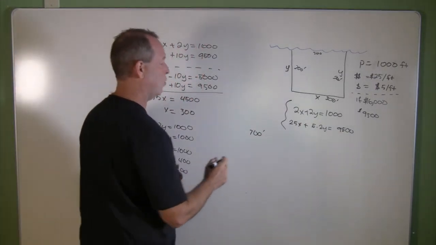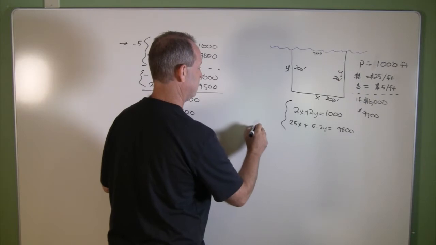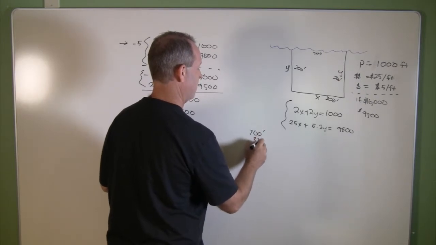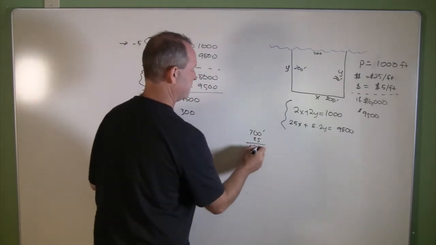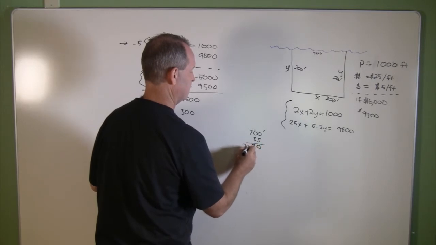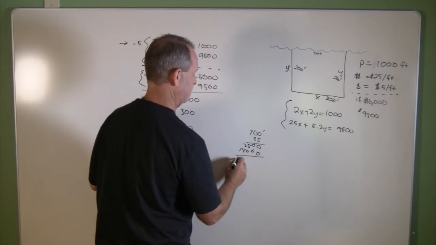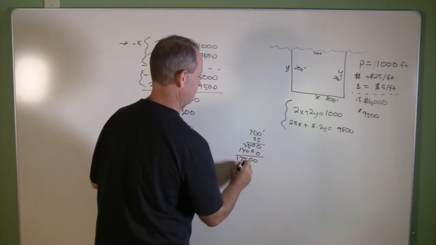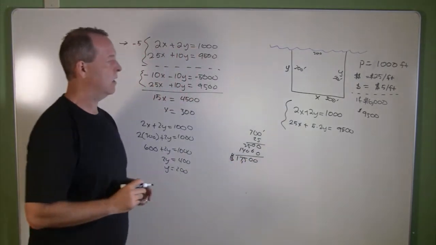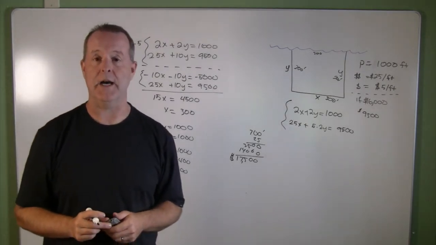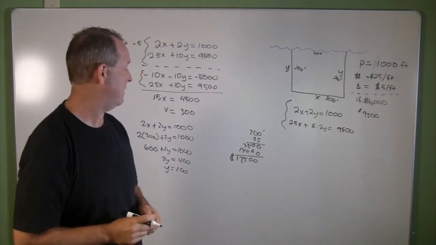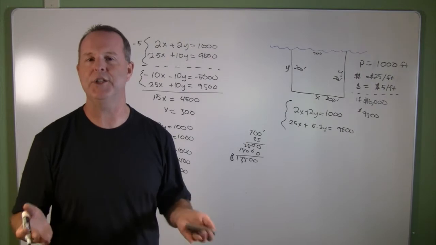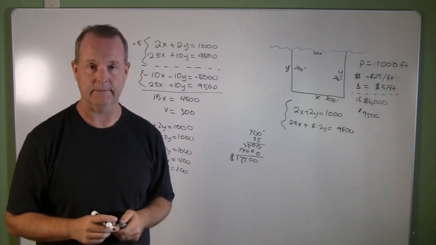Wants to multiply that by 25 dollars per foot. And it looks like in order to put the good stuff, it's going to cost him 17,500 dollars. So his budget is not able to accommodate that.